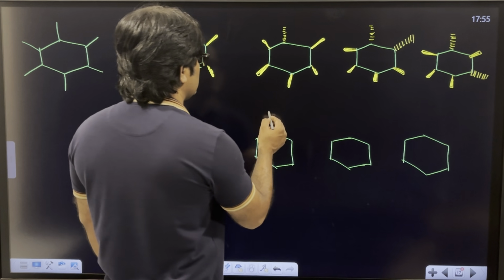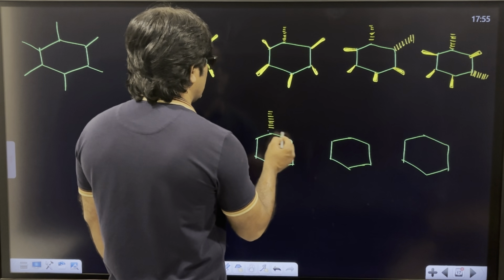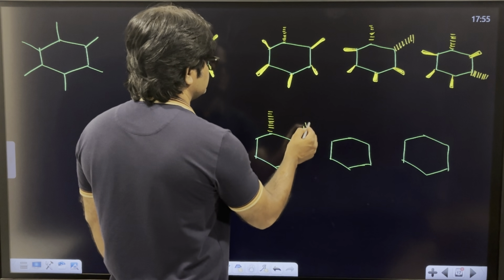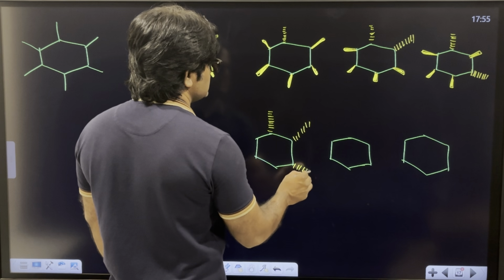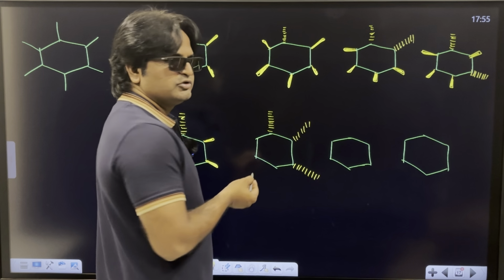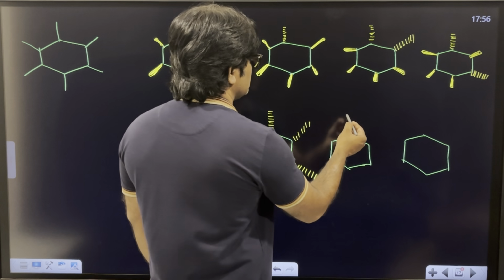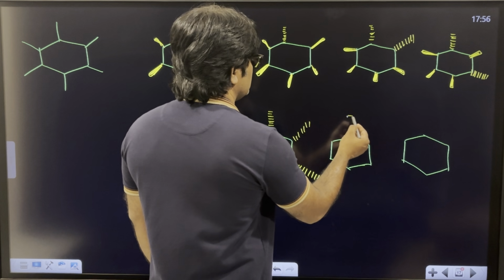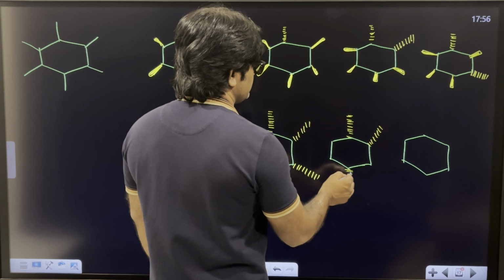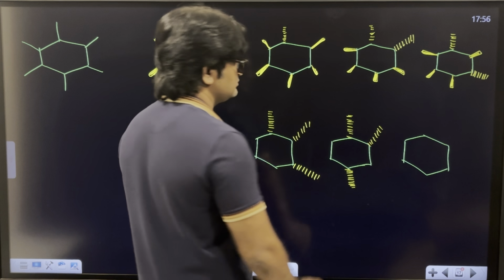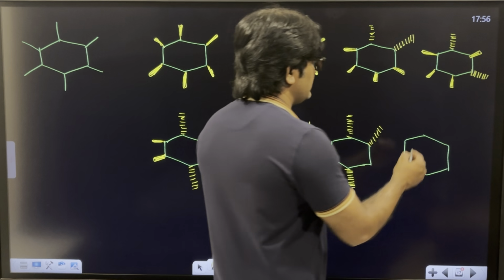Come to another one. Here three groups I am taking below the plane. One time at 1, 2, 3 position by using a broken wedge. Another possibility, 1, 2, 4 position. This is also possible. And 1, 3, 5 position.